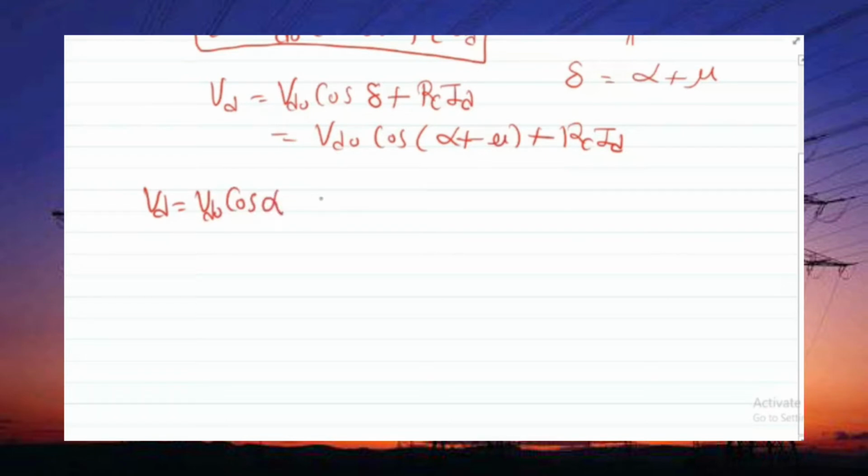There is no overlapping, and therefore VD reverses and alpha is equal to 90 degrees. So with overlap, VD is equal to VDO cos alpha minus del VD.